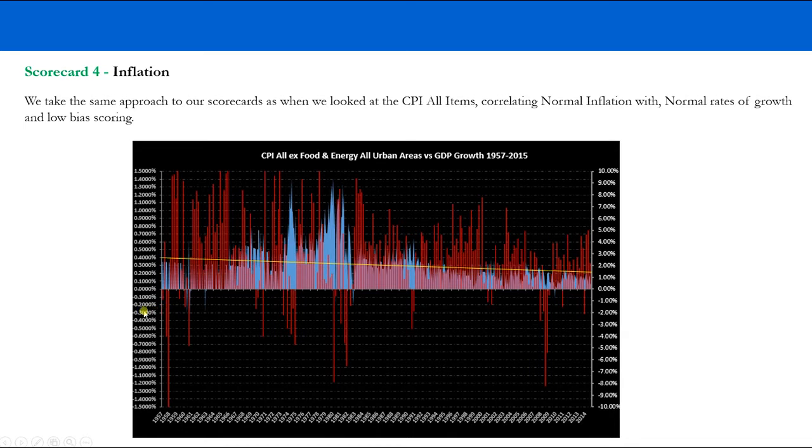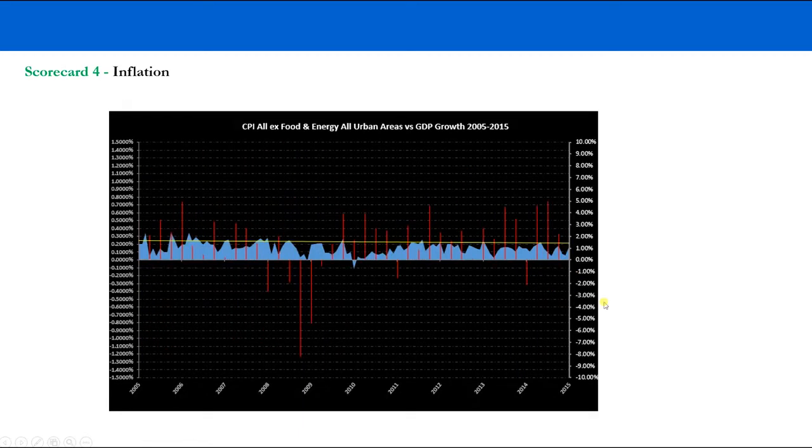So for example, minus 0.3% of CPI ex food and energy is equating to around minus 2% real GDP growth. We can also zoom in on this and have a look at the period for 2005 to 2015.